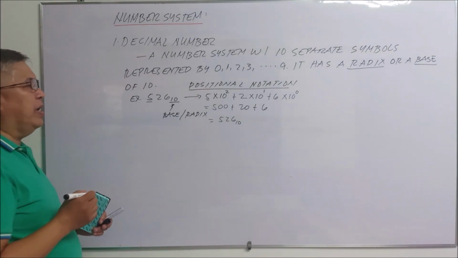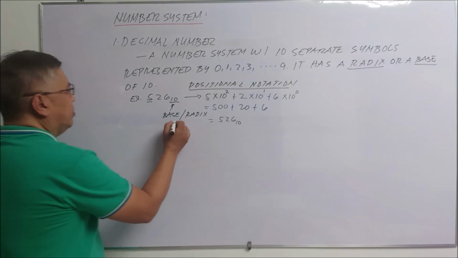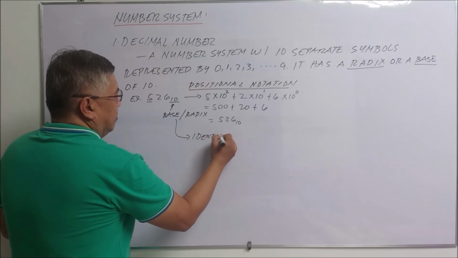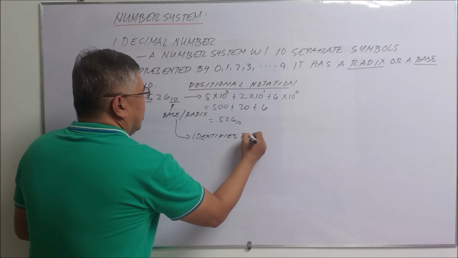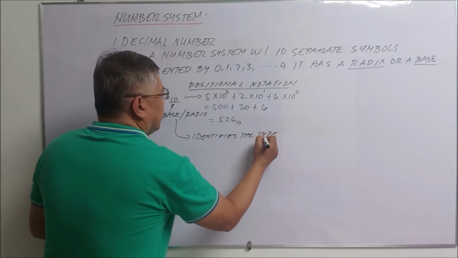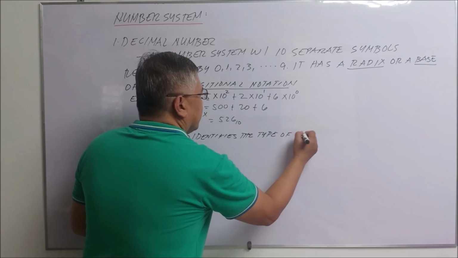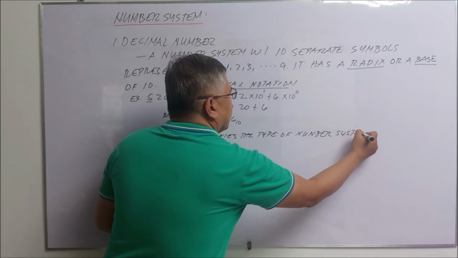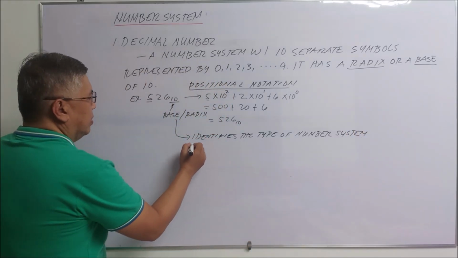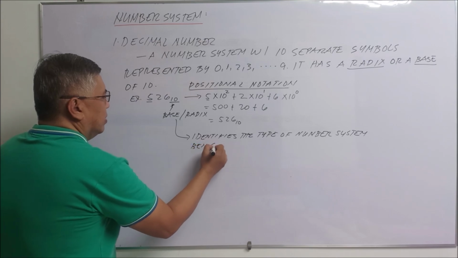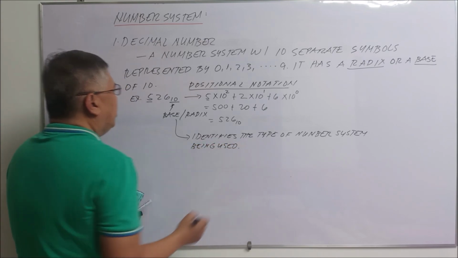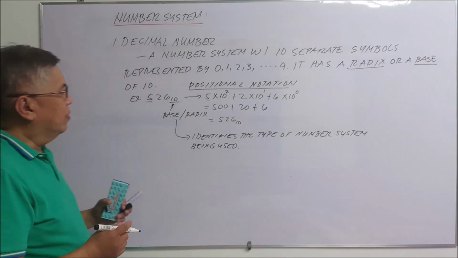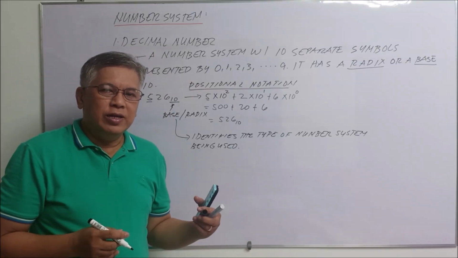what do you mean by base or the radix? The base or the radix actually identifies the type of number system being used. Okay, since we have 4 different types of number system, we have to identify that particular number system.